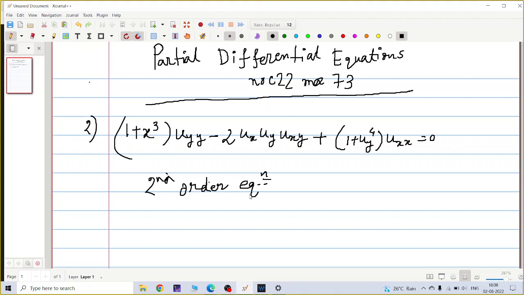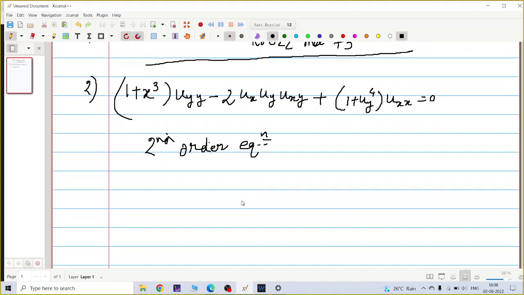It is quasi-linear. Why quasi-linear? A PDE is said to be quasi-linear if it is linear with respect to all the highest order derivatives of the unknown function. Here uxy, the highest order derivative, appears linearly.